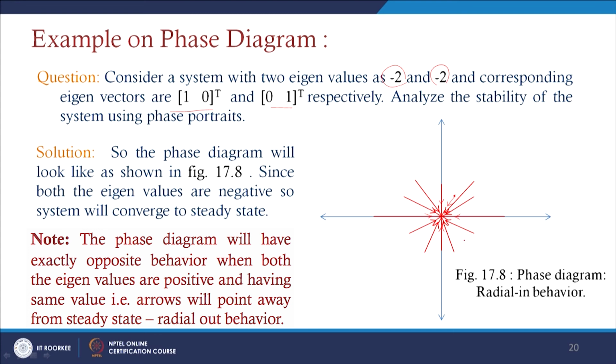So the phase diagram will look like this, since both eigenvalues are negative: along the x axis it approaches the 0 0 point, and along the y axis it also approaches the 0 0 point.